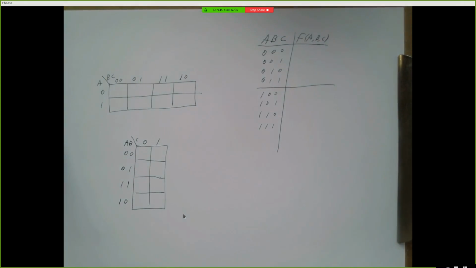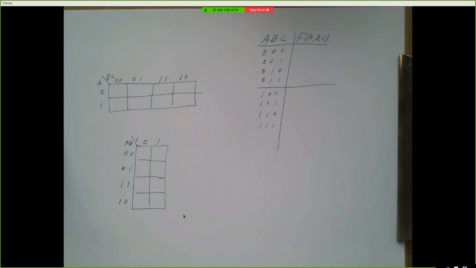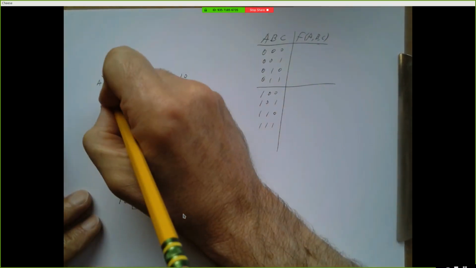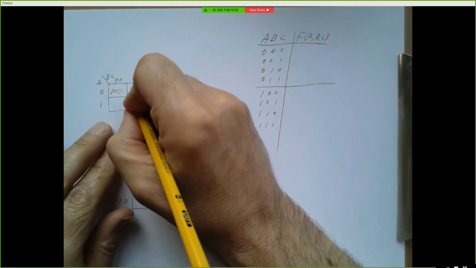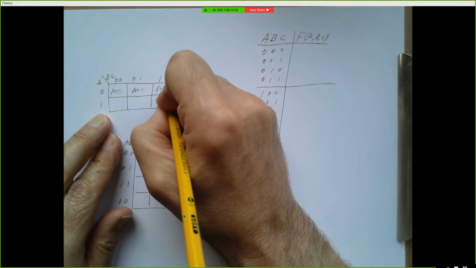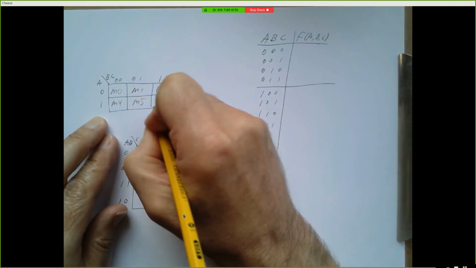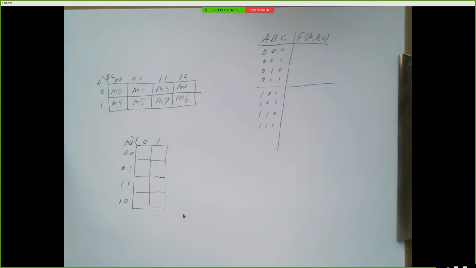All right. So there's ways that I would do an 8-row truth table. And if we just think of these as minterms 0 through 7, and we fill these in using our minterm representations, this is minterm 0, minterm 1, 2, 3, 4, 5, 6, and 7.